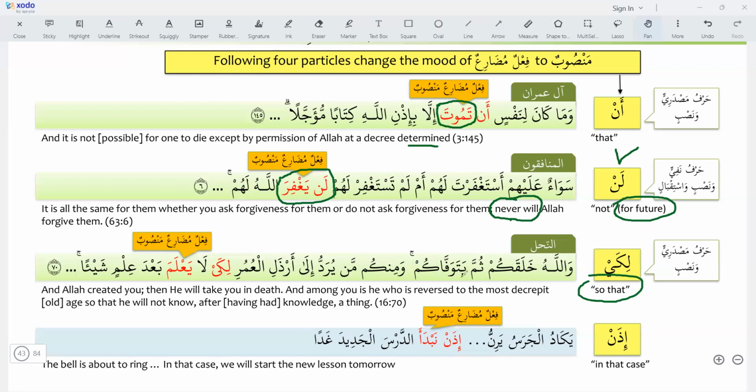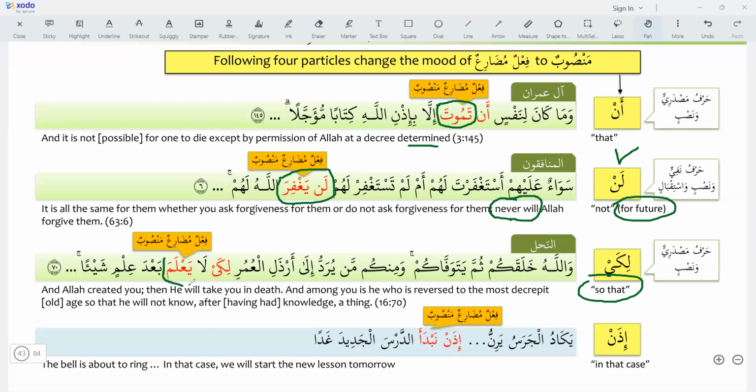Likai means so that. Wallahu khalaqakum summa yatawaffakum wa minkum man yuraddu ila arzalil umuri lika la ya'lamu. Likai la ya'lamu.